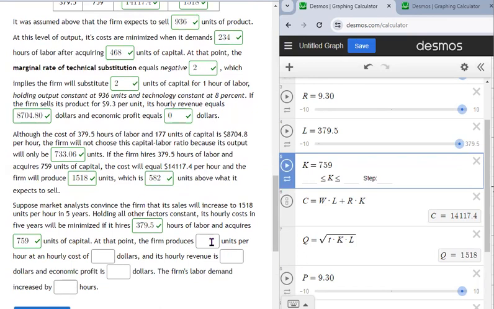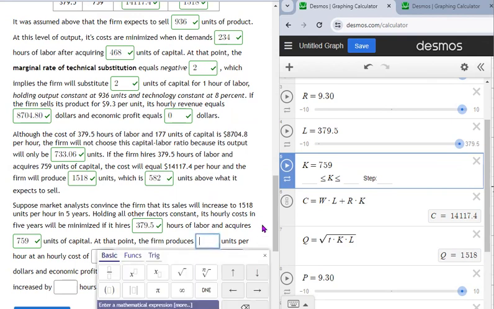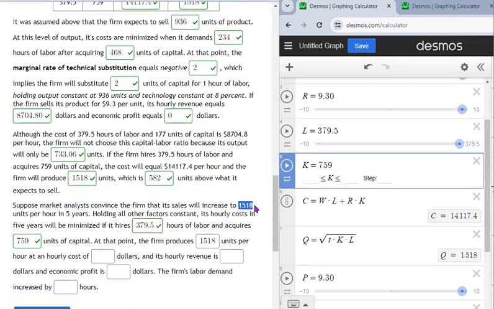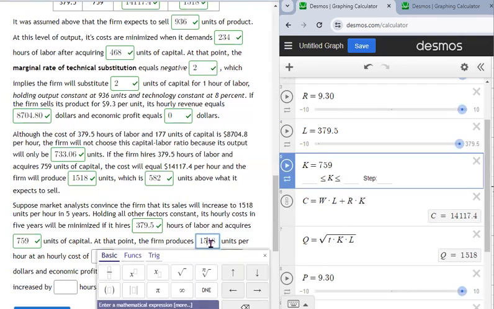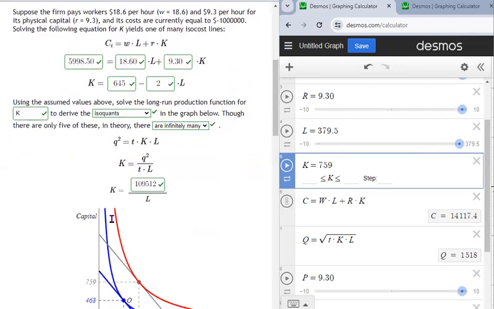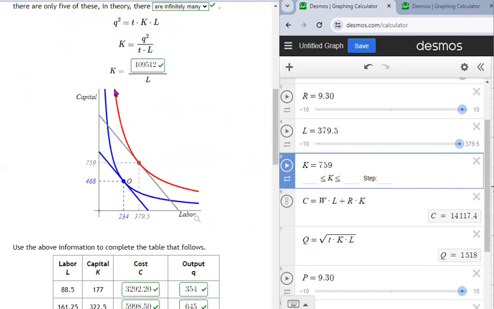So the firm is going to ramp up. It will now be able to ramp up its production to 1,518. So it's going to produce 1,518, equal to what it expects to sell in 5 years. It's going to try to match its production to its sales forecast. So now it's got a new isoquant, this red one.